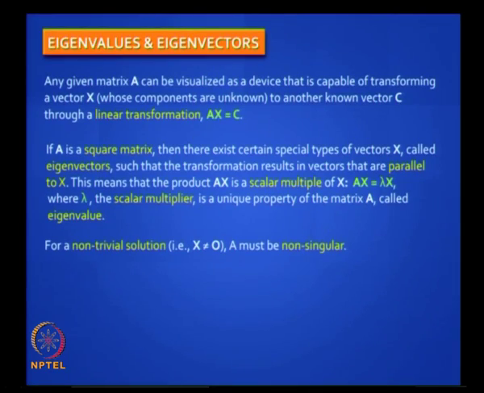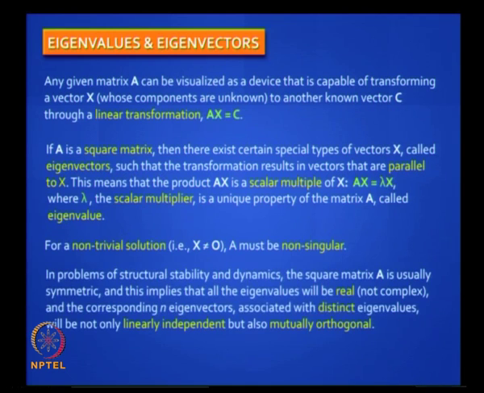Now to find a non-trivial solution, it is important that the matrix A must be singular. In problems of structural stability and dynamics, the square matrix A is usually symmetric, which makes our life easier, and this implies that all the eigenvalues will be real, not complex.